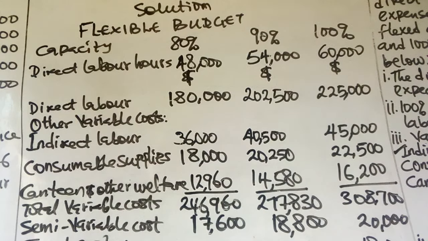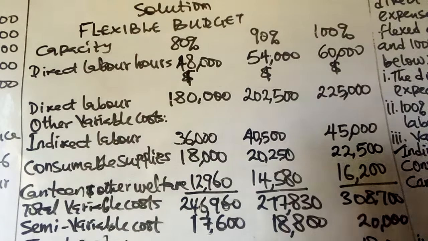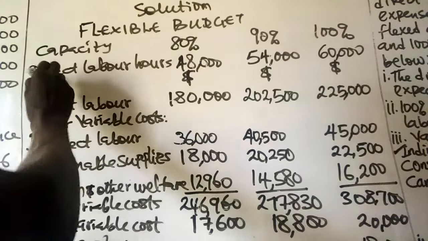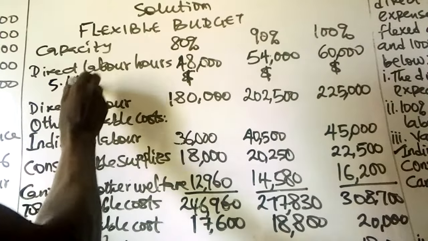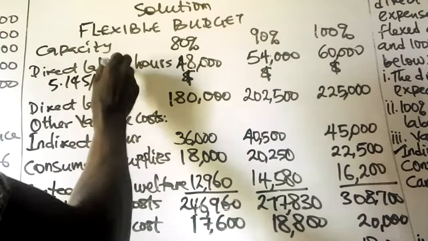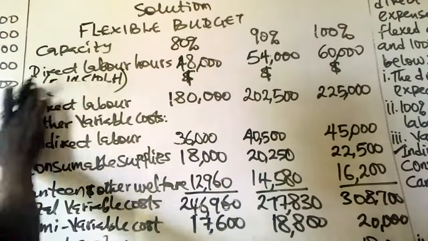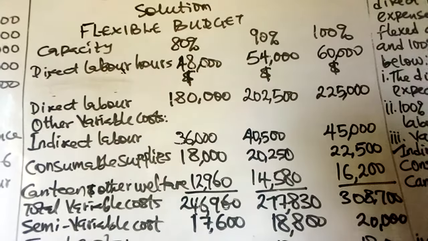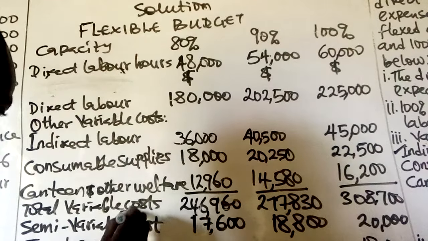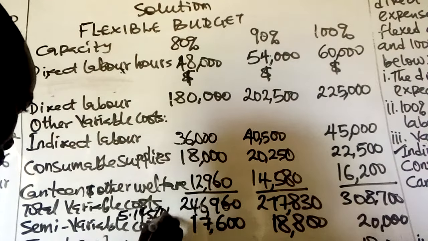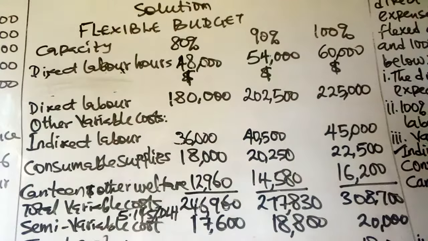If you take your calculator and divide 246,960 by the direct labor hours of 48,000, you get 5.145 per direct labor hour. That is our variable cost per direct labor hour.